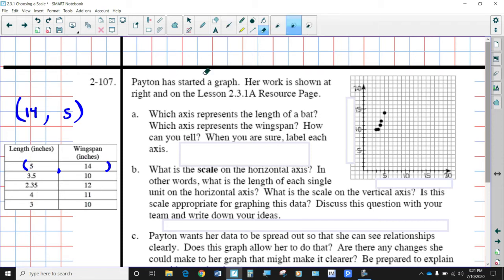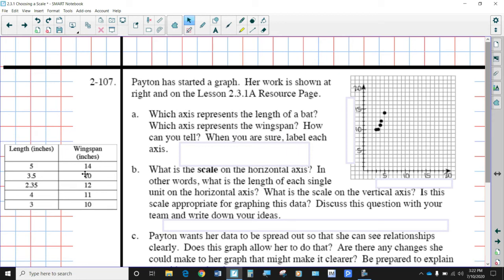Can you tell just by looking at the graph? Well, do you notice that the bat lengths, none of them go beyond 5 inches? So if you look at your x-axis, are there any points that go past the 5-inch mark? No, there aren't. Are there any points that go beyond the 5-inch mark in the y-axis? Yes. So it really looks like, what is that, 14, and this one is 12, and this one is 11, and those are 10.